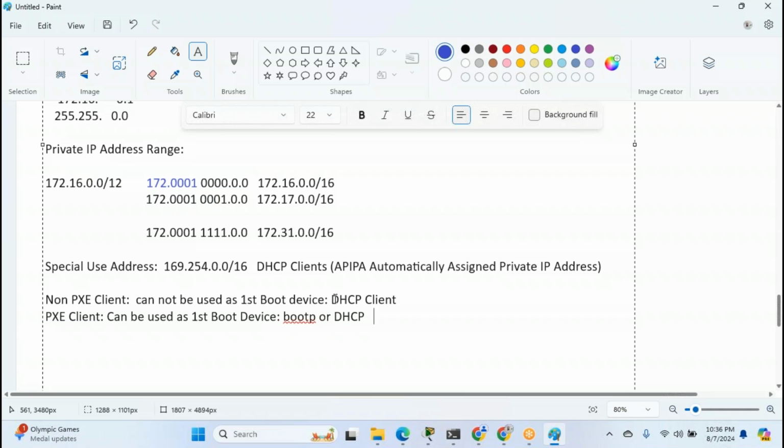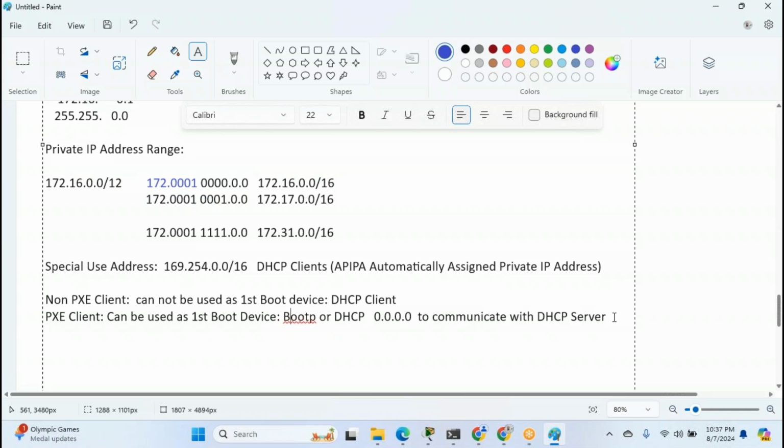When it is not a DHCP client, it cannot use 169.254.0.0 by default. It will use the IP address 0.0.0.0 to communicate with the DHCP server. If a DHCP server is found, the DHCP server will assign an IP address, and it will start using that one.